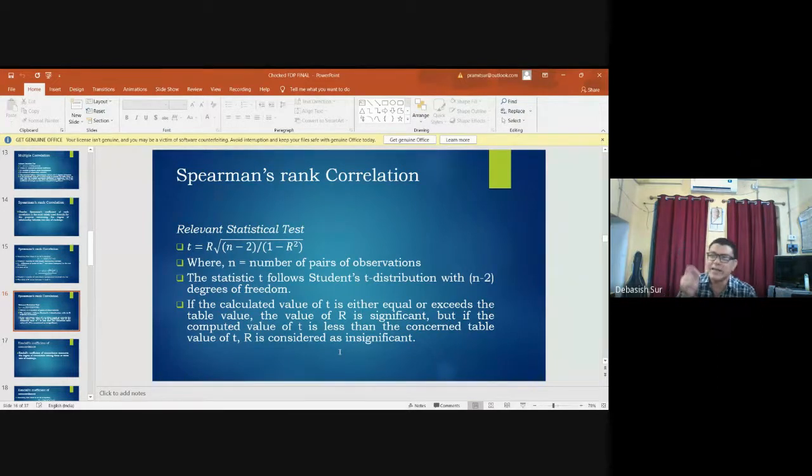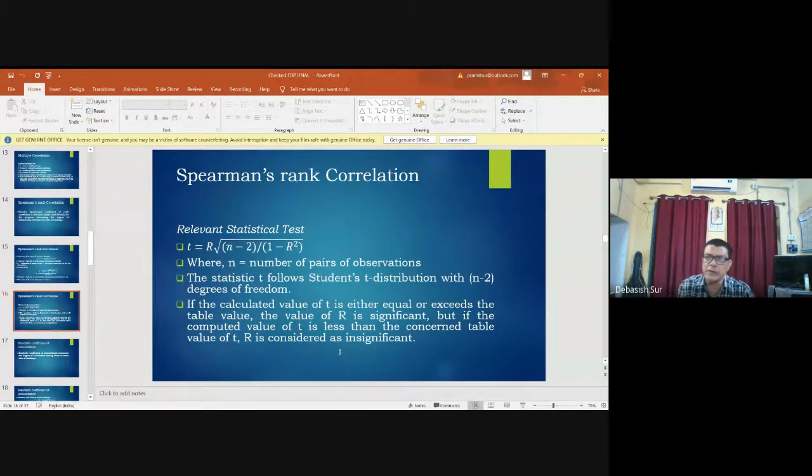Here, in place of Rxy, we put capital R, that means Spearman rank correlation coefficient. Capital R into root over n minus 2 divided by 1 minus R square, where n is the number of pairs of observations. Here also degree of freedom is the same, n minus 2.